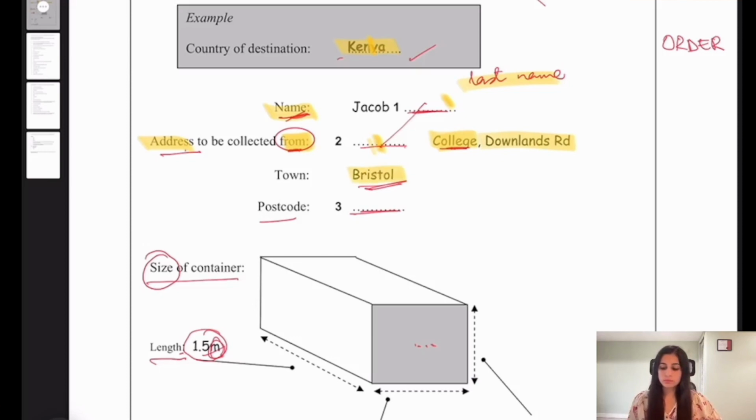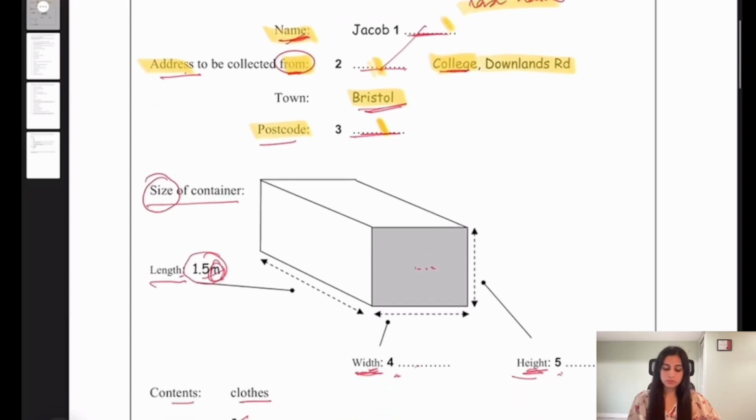Oh, yes, I know it. And the postcode? It's BS8 9PU. Right. And I need to know the size. Yes, I've measured it carefully and it's 1.5 meters long. Right. 0.75 meters wide. Okay. And it's 0.5 meters high or deep.